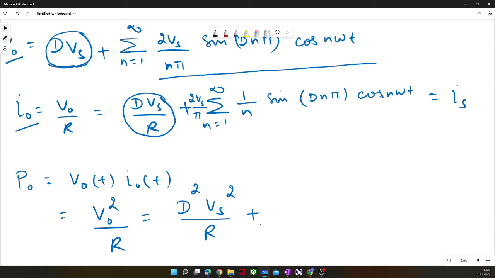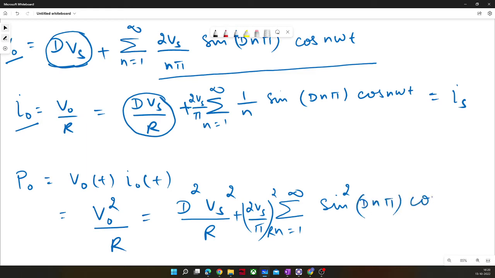So that would be summation of n is equal to 1 to infinity, 2Vs by pi, sorry, 2Vs by pi square into R, sine square d n pi cos n omega t.